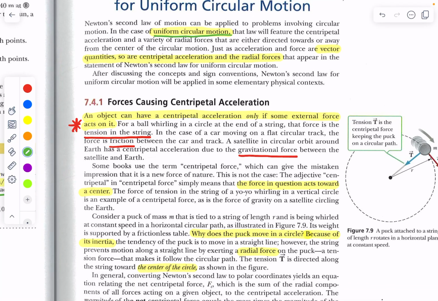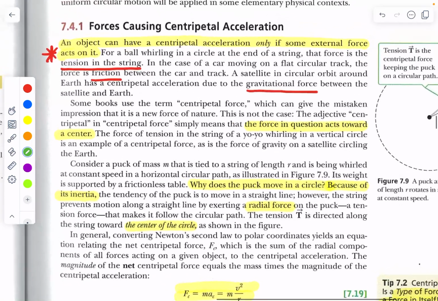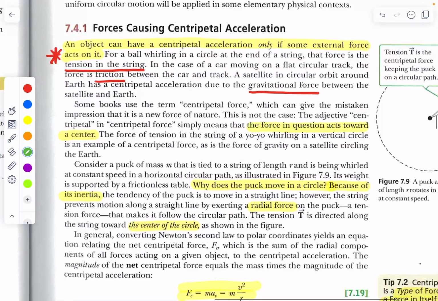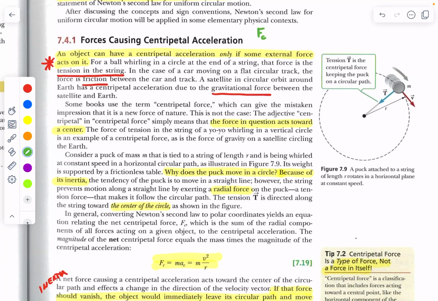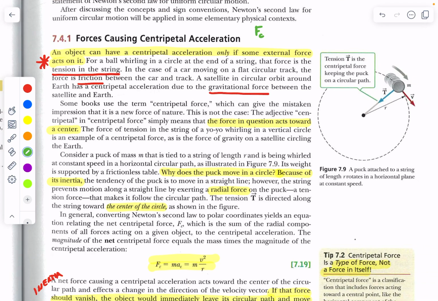Just as acceleration and force are vector quantities, so are centripetal acceleration and radial forces vector quantities. So the first thing we have to recognize is that centripetal force is not a new kind of force, but it is whatever that force is that's holding an object in its circular path around some center point.